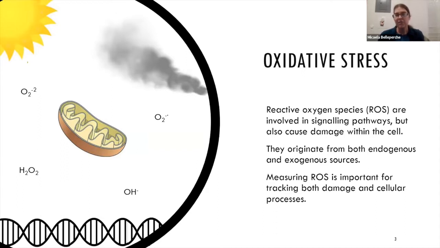But one of the issues with many of the current tools is that either they can only detect one specific form of reactive oxygen species, or they can't be used to monitor changes over time within the living cell. And this is in part because of the constant destruction of reactive oxygen species within the cell by natural antioxidant pathways, meaning that they have a very short half-life.